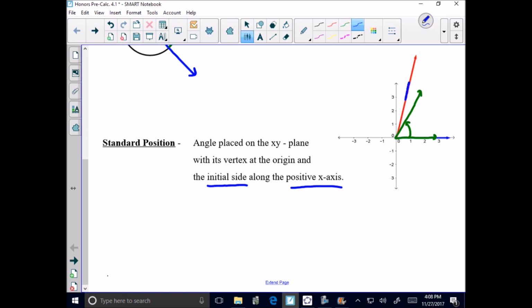And right here, obviously the second angle is a little bit bigger. In general, we would say that angles that are created from rotations up from the positive x-axis are positive angles, and if we rotate down from the positive x-axis, we would consider those angles to be negative angles.